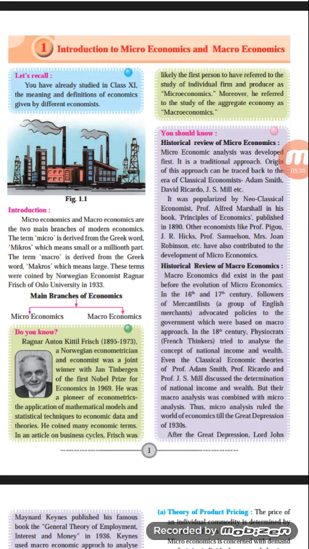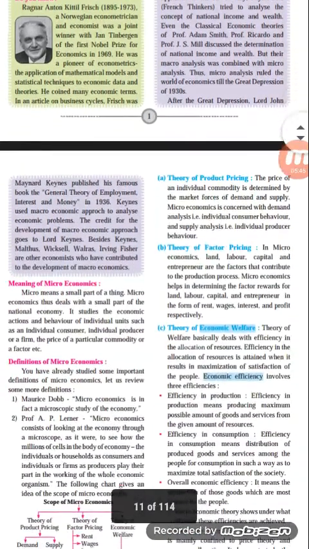In an article on business cycles, Frisch is likely to be the first person who referred to the study of individual firms and producers as microeconomics. He also referred to the aggregate economy as macroeconomics. So he is the person who has given us the concept of micro and macroeconomics. Now let us see the meaning of microeconomics.